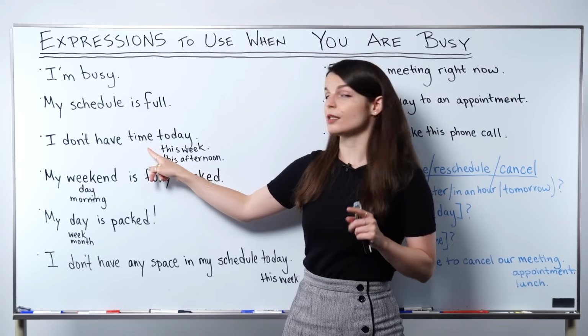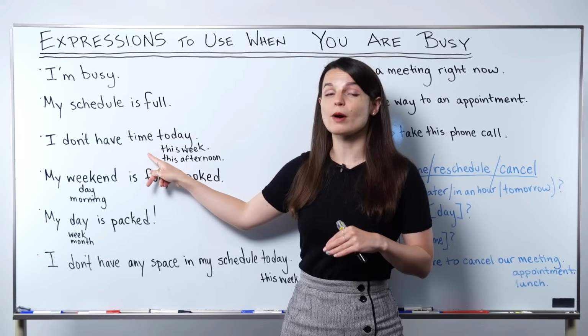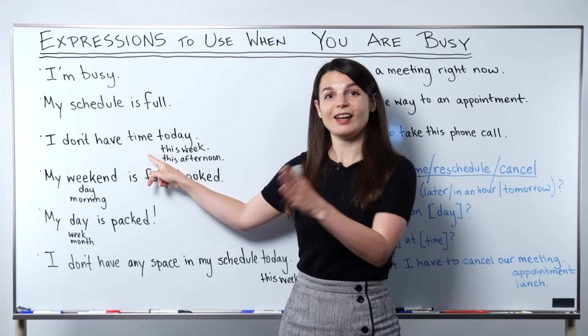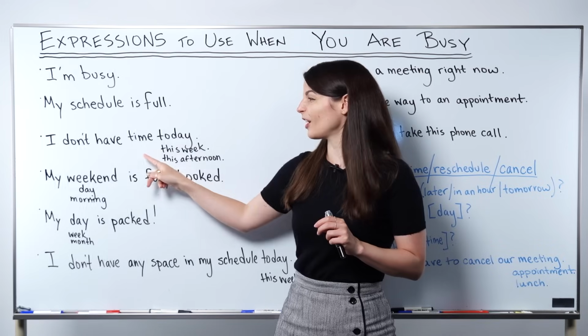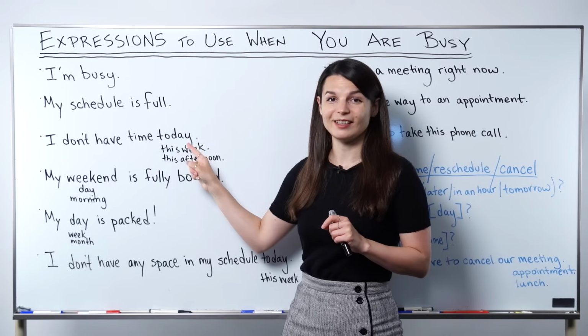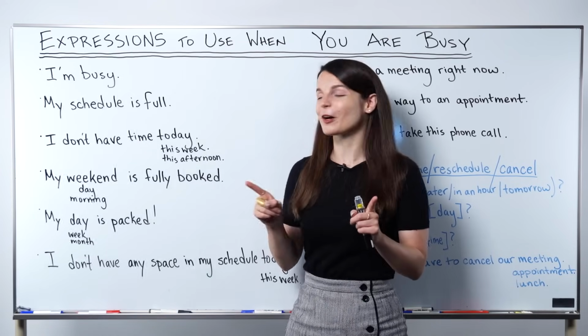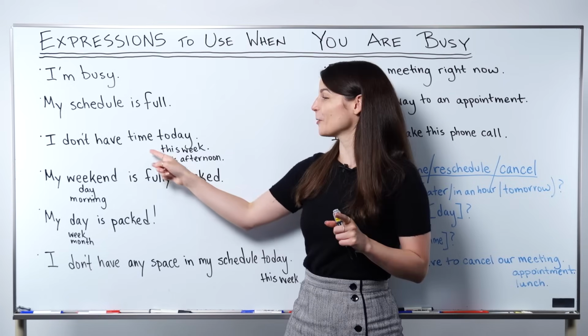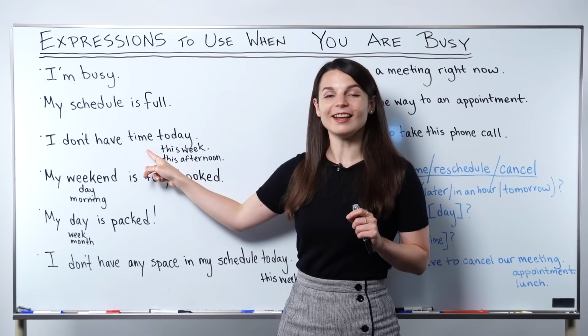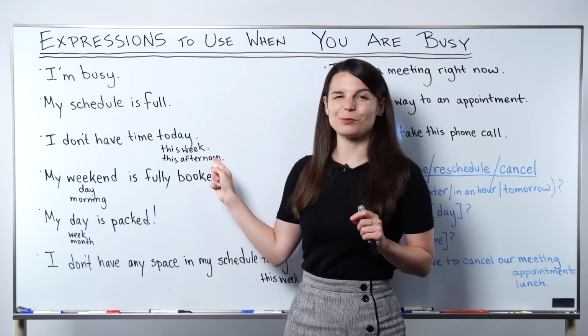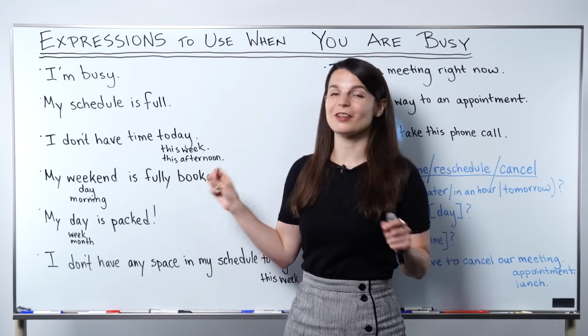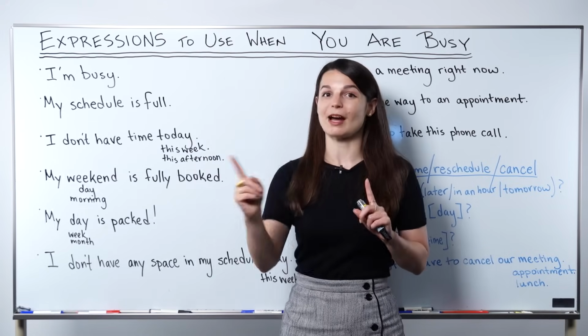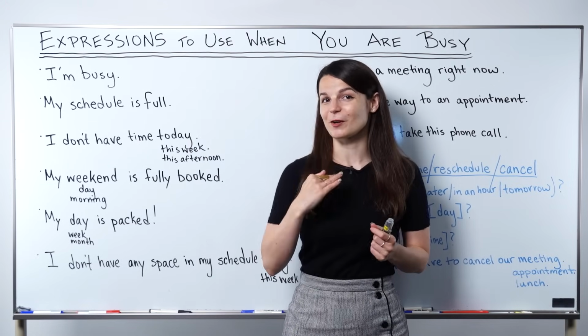So you can use this as a response to a request for your time. Like, hey, do you want to eat lunch today? Sorry, I don't have time today. Please keep in mind that your response needs to match the question. For example, if someone says, do you have time for lunch today? And you say, I don't have time this week, it sounds really strange. So make sure that your response matches the question that comes to you.